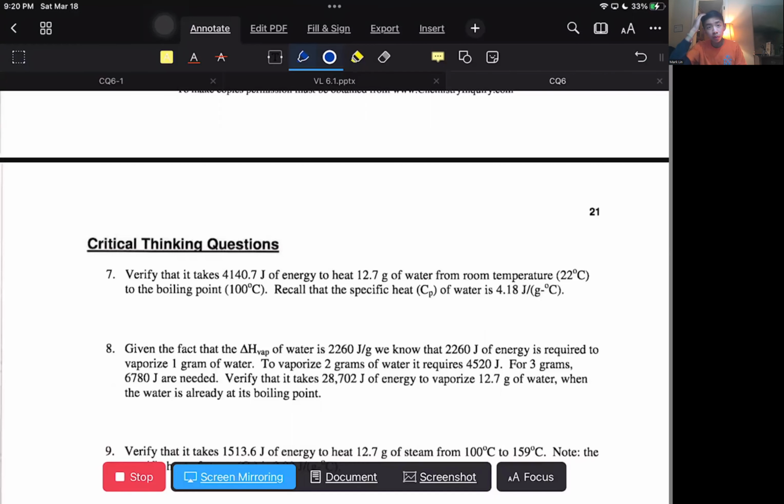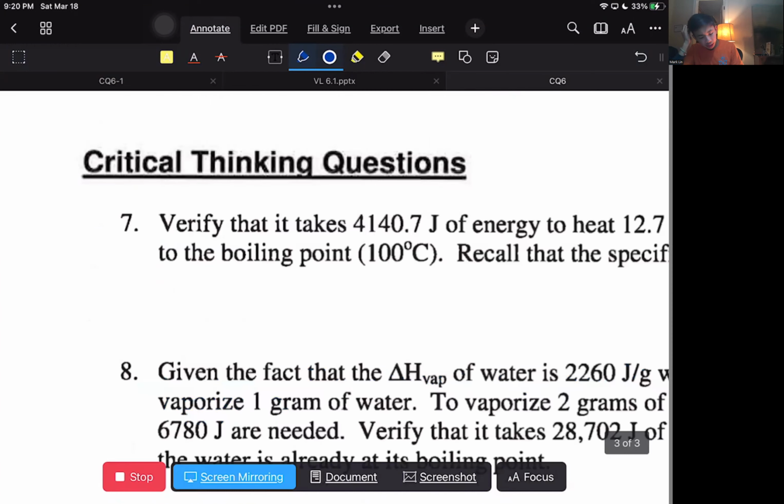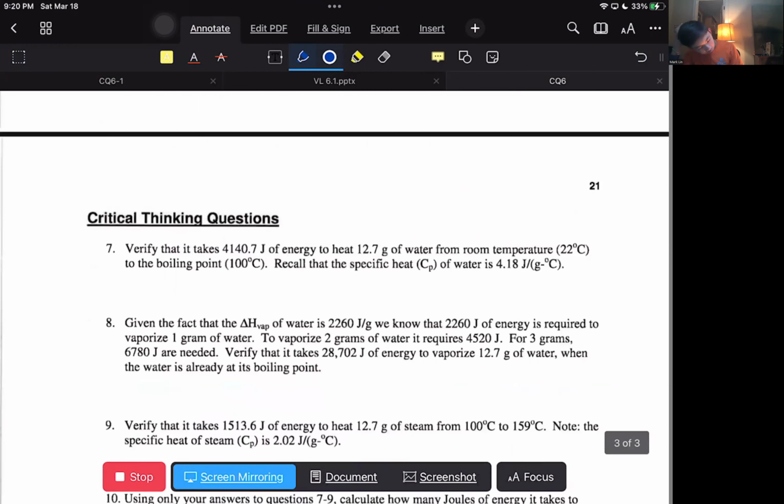Okay, number 7. We just did number 6. Verify it takes 4,140.7 joules of energy to heat 12.7 grams of water from room temperature to boiling point.